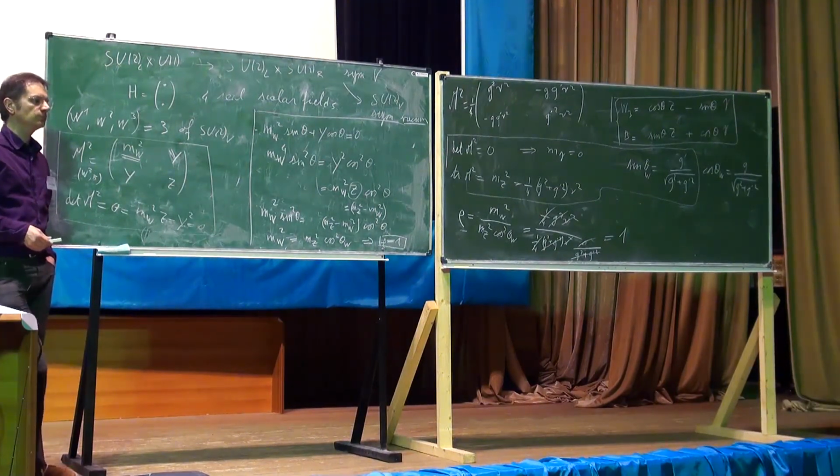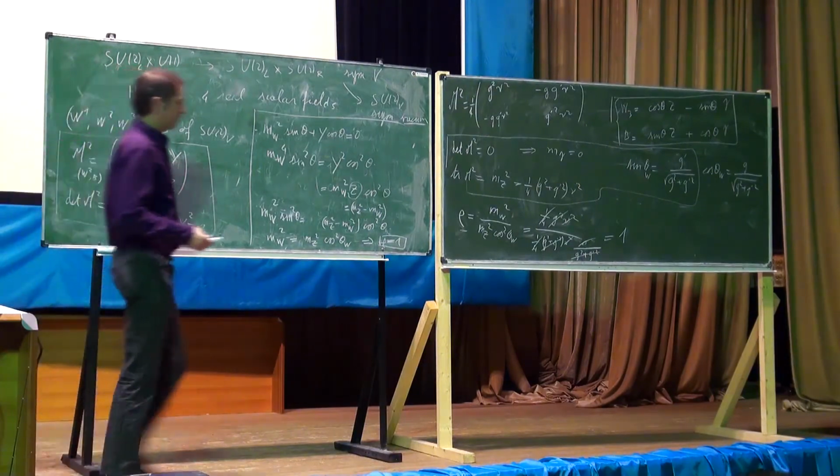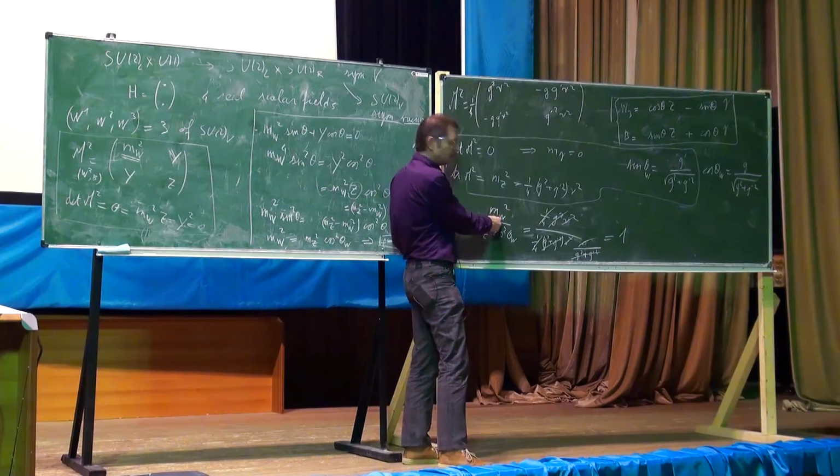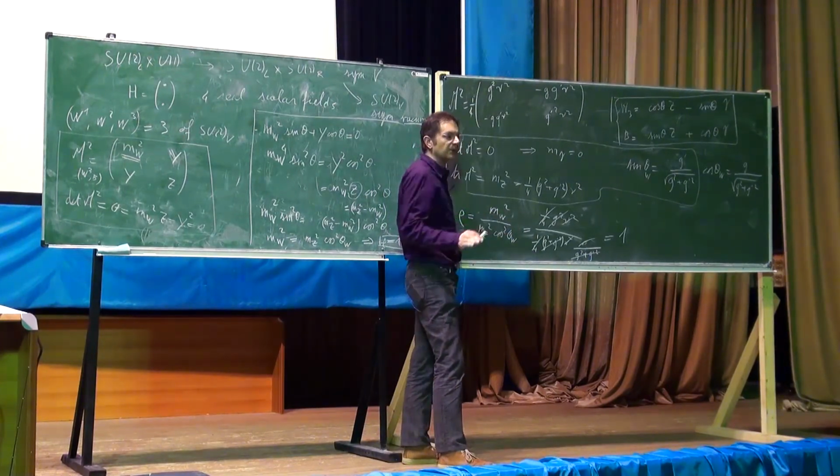And how can we measure the rho parameter experimentally? That's what I wanted to tell you by discussing electroweak precision data. Certainly the mass of the W and the mass of the Z, that's easy. You just look at the mass of the particle, right?